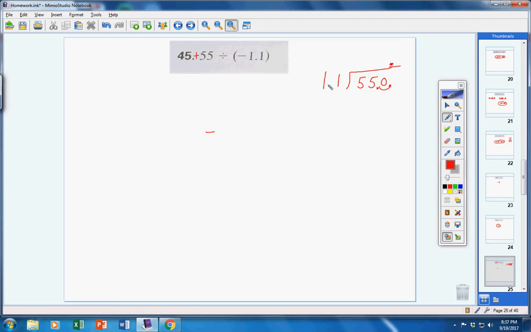So there we go. 11 goes into 55 5 times. 5 times 11 is 55. Subtract 0. Bring down your 0. 11 goes into 0 0 times. And so we're finished. The answer is negative 50.